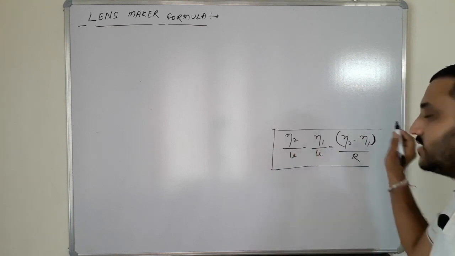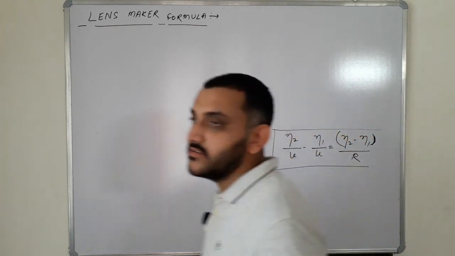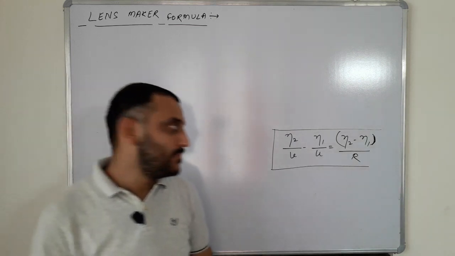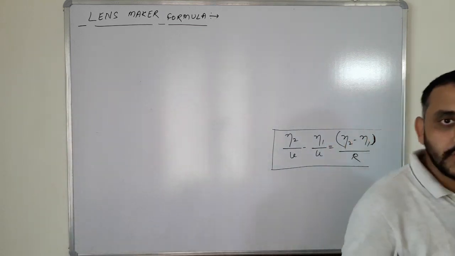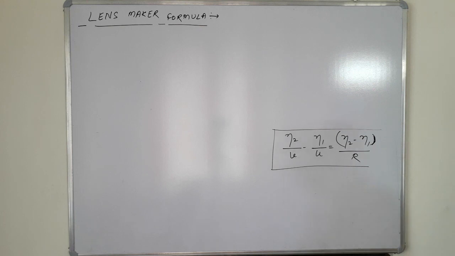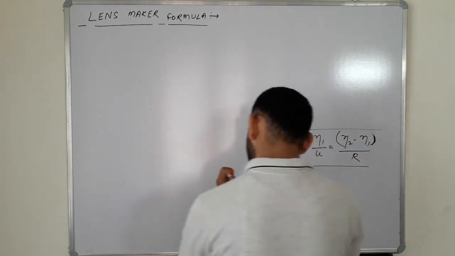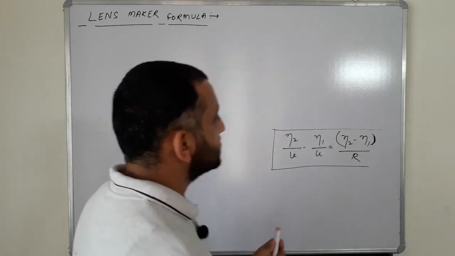So you must know, and if you haven't watched that particular video, please first of all watch that video. Then only you are able to understand this formula which we are discussing next, that is known as lens maker's formula. Now here the expression which we concluded to was η2/v minus η1/u is equal to (η2 minus η1)/R.